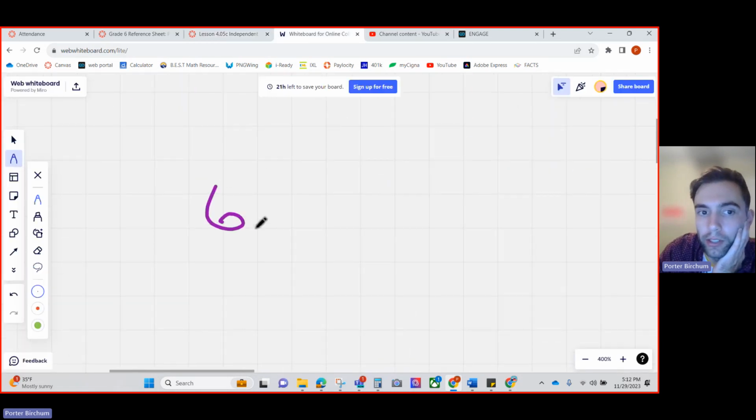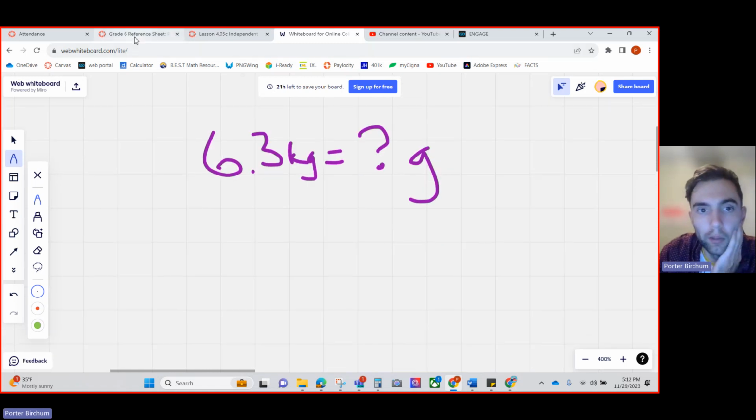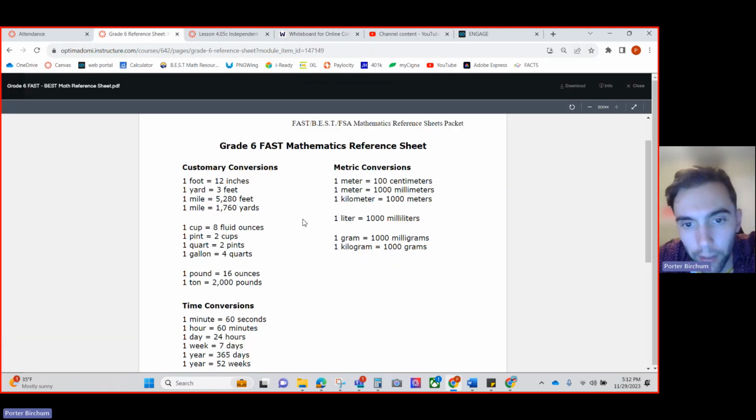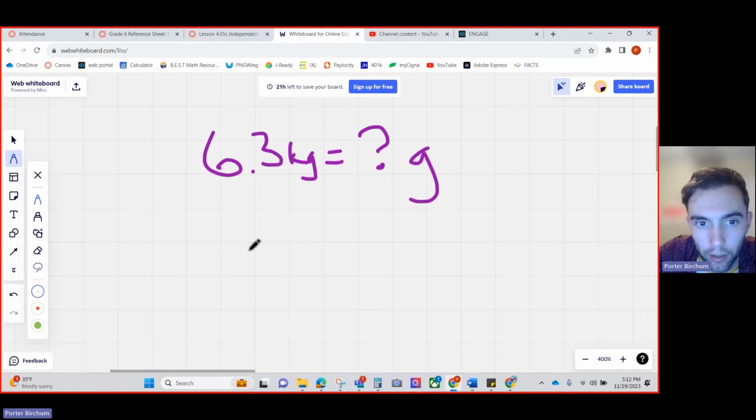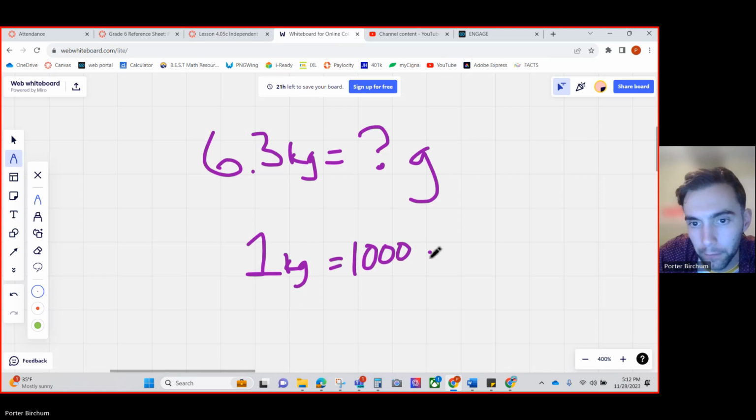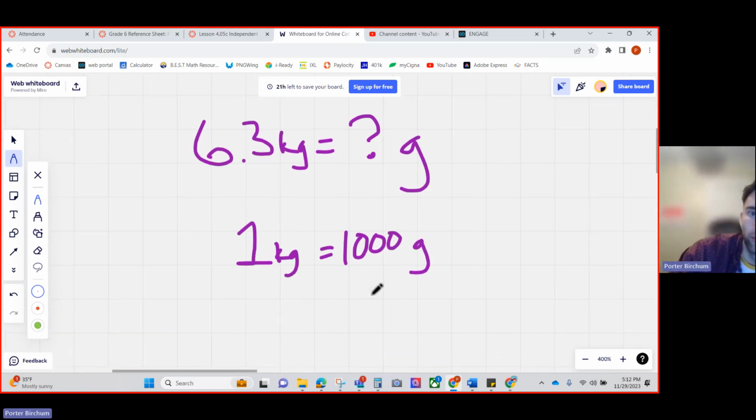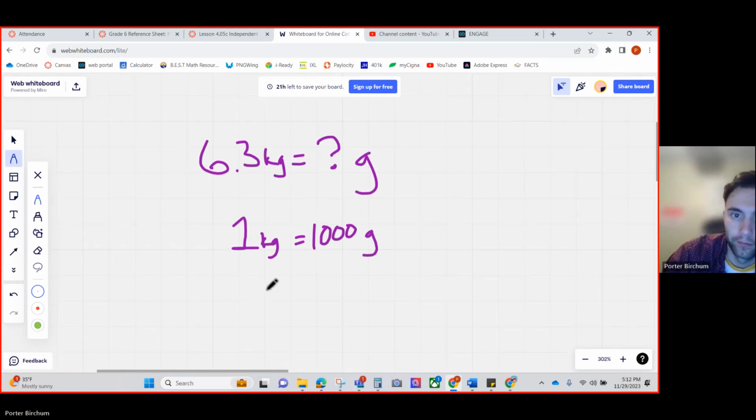So we're trying to turn 6.3 kilograms into grams. Let's look at that reference sheet. Where do we see kilograms going into grams? Right here, 1 kilogram is 1,000 grams. Let's look for a pattern.